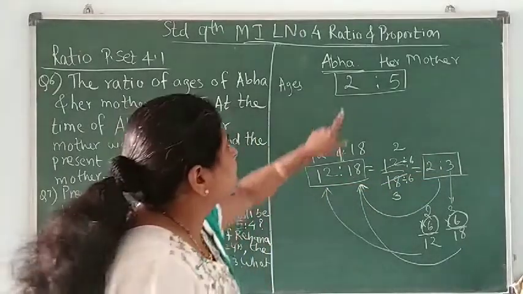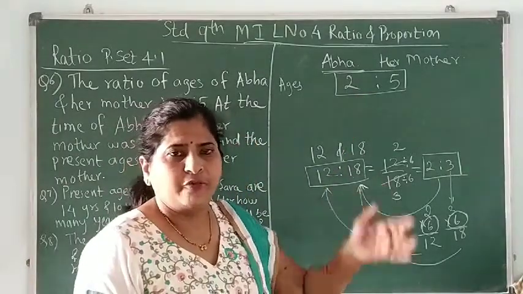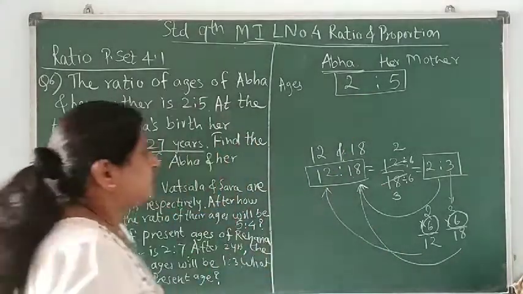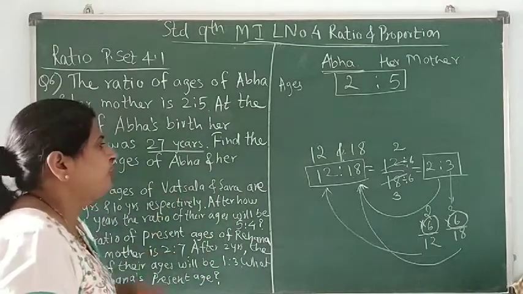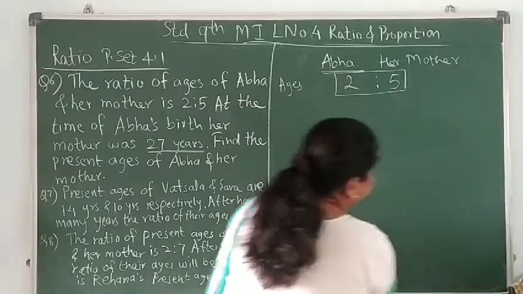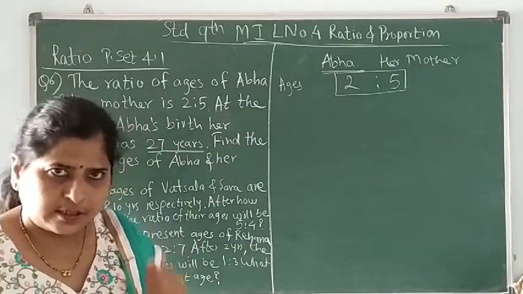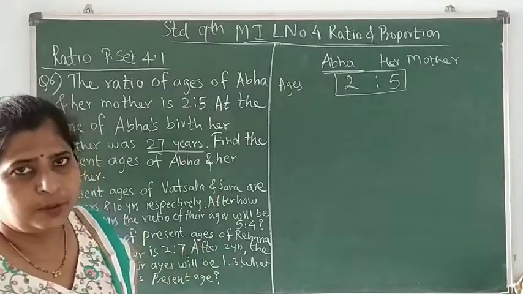So by which number should we multiply the numbers in the ratio 2 and 5 to get their ages, which we do not know? That only we have to find. So what we have to do, we have to multiply by an unknown number, which we can call x. So x can be their common multiplier.